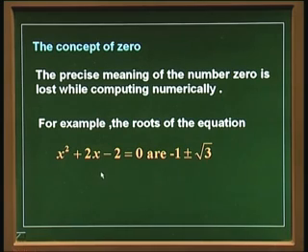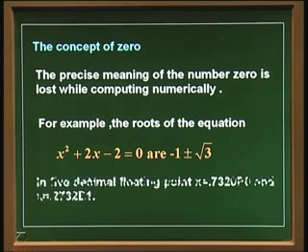So the question is, if I put this minus 1 plus minus root 3 back into this equation, what do I get? Minus 1 plus root 3, according to the computer, is 0.7320, and minus 1 minus root 3 is 0.2732 times 10 to the power of 1.